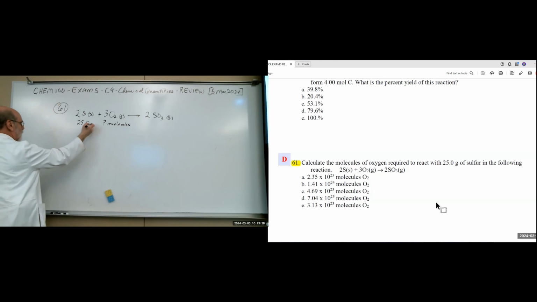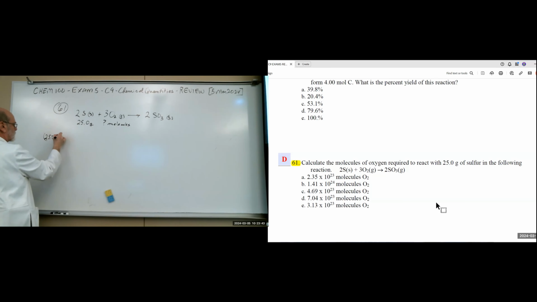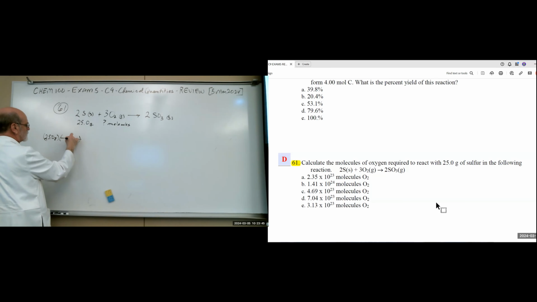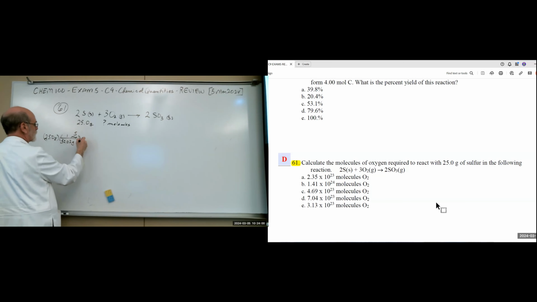Okay, so 25 grams of sulfur converted to moles. Sulfur is, and there's only one of them, so it's 32.07. That cancels grams and leaves us with moles of sulfur.